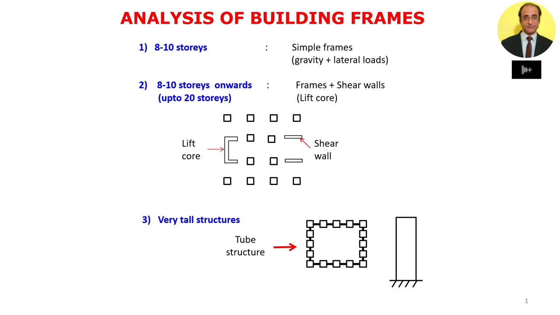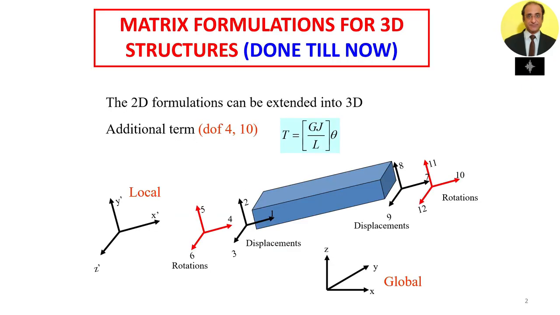So we are going to organize a special talk on high-rise structures as an extracurricular activity in this course, and that talk will cover the analytical aspects and the practical aspects of high-rise buildings. We have already learned how to incorporate 3D analysis in our framework.